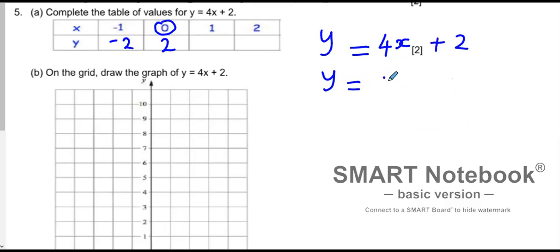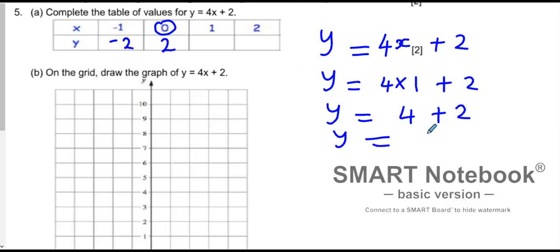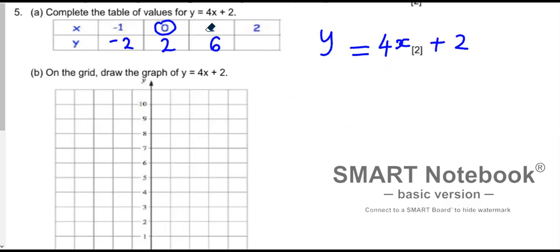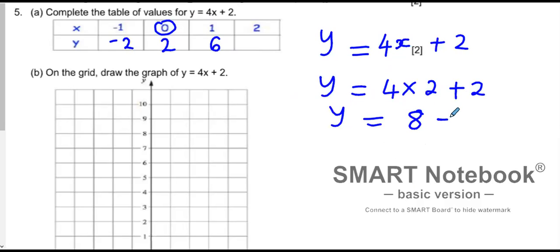Y equals 4 times 1 plus 2, y equals 4 plus 2, y equals 6. So you write here 6. You can pause the video and try when x is 2, but otherwise let us continue. 4 times 2 plus 2, y will be equal to 8 plus 2, y equals 10. So here you write 10.